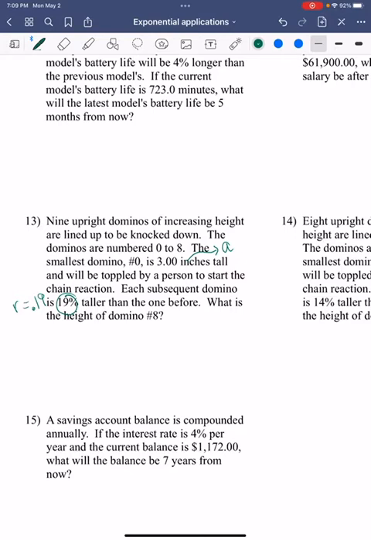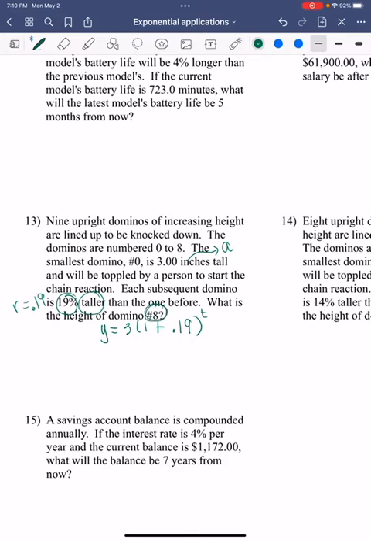Okay, so y is equal to A, which is 3, times 1 plus 0.19. It's growth, taller, so that means it's growing. Oh, this is interesting, though. Normally I would say to the T, but this time I want to know the height of domino number 8.